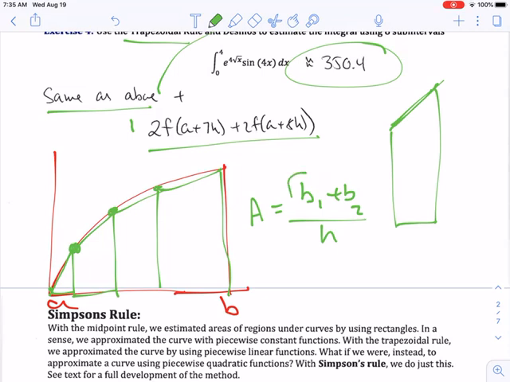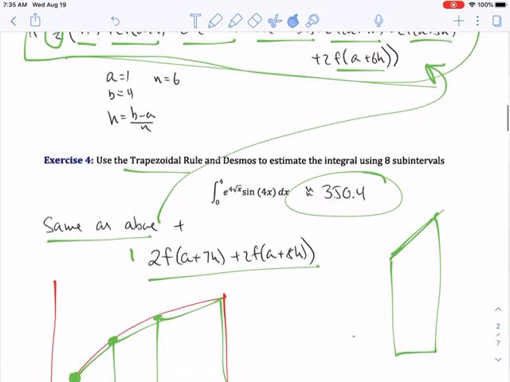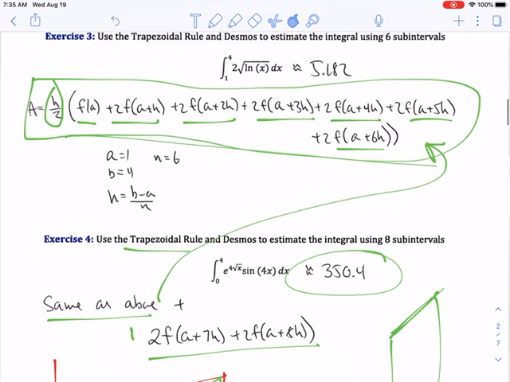Sorry, that's not quite the correct way I said it, forget that. Anyway, this is the Desmos formula for it here. And again, if you want to go through the complete development of that, read the textbook.